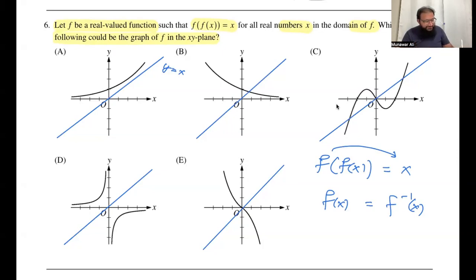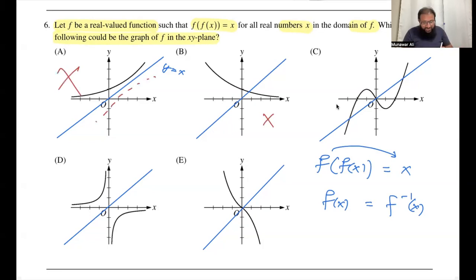Obviously this is not the option, because we don't have anything on the other side of the line y is equal to x. There should be some sort of reflection. And this is not the correct option, as the line on either side is going to be different. It's not going to be the reflection.